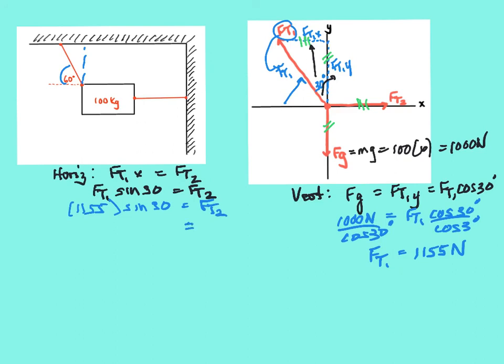If you multiply that out, you're going to get 578 newtons. So what we've done is figured out that this is 578 newtons, and that this one here is 1,155 newtons. By setting it up and comparing all your vertical components and your horizontal components, you can calculate pretty much everything. All you need is a mass and an angle. And that's it.